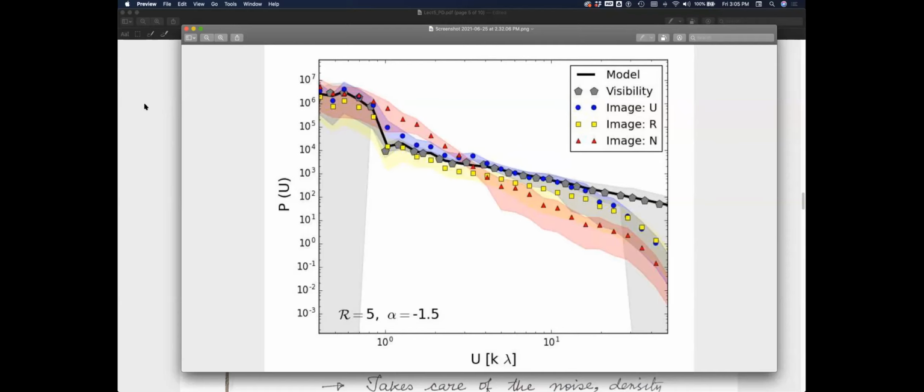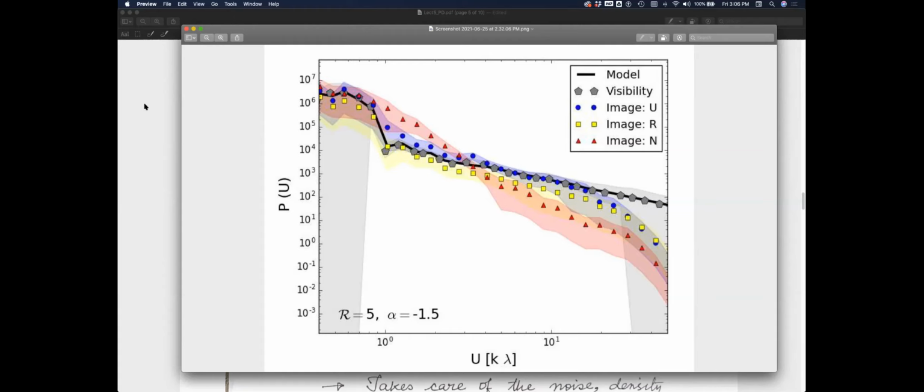If you want to know how your source looks in the sky, we don't have a good processing power in our head to look at the visibility and figure out how the source should look in the sky. So then you have to make an image. So it again depends on what you want to do.